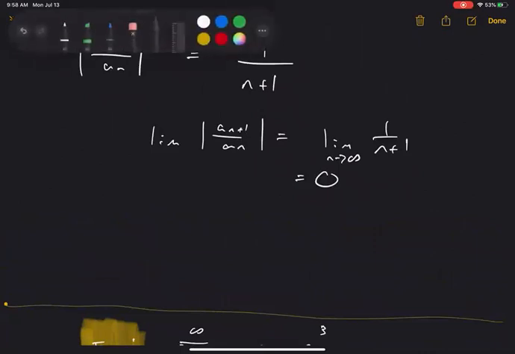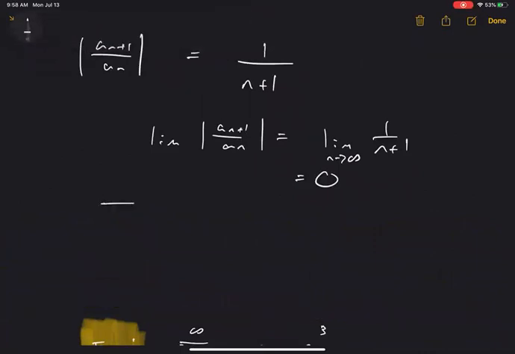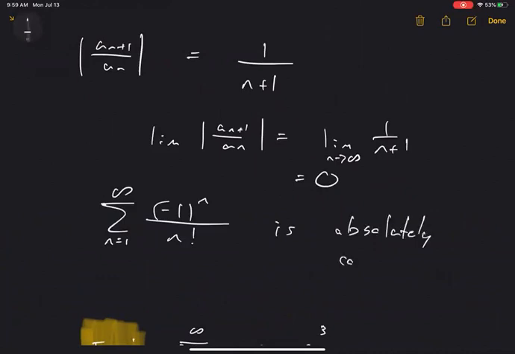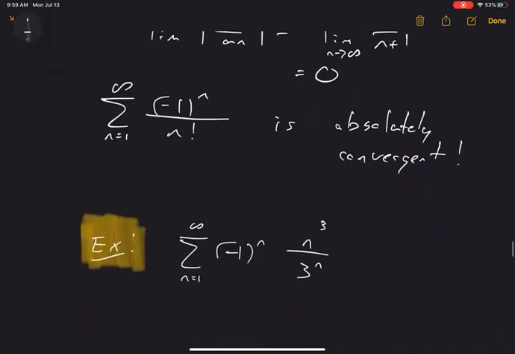It tells us that our original series is absolutely convergent. And if I was doing this on a test, I would show all that, and then I would make sure to include the words by ratio test.